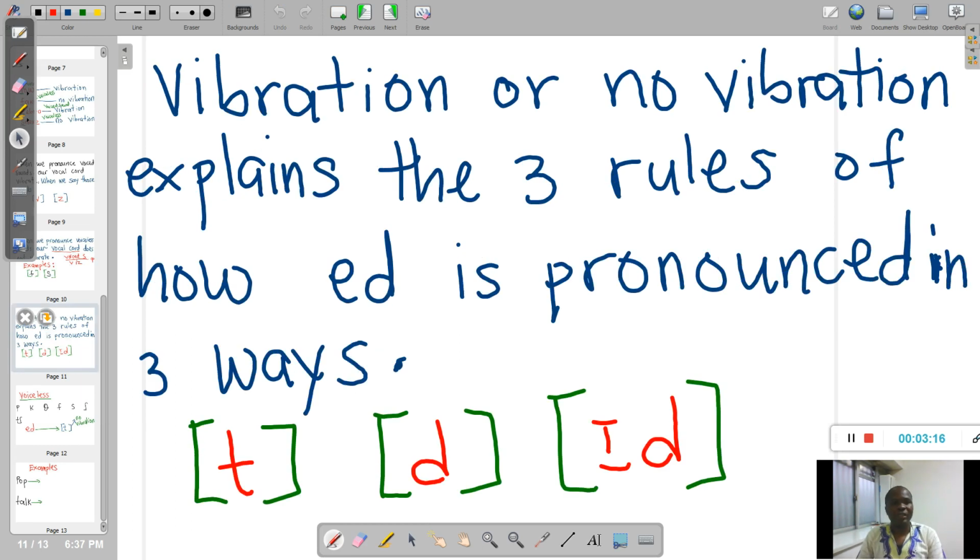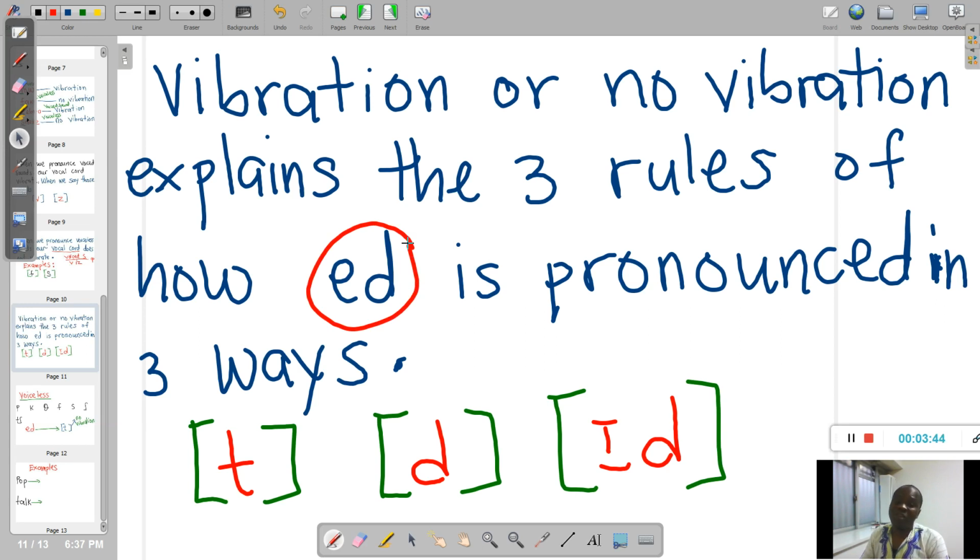Let's move on. Now we are looking at why this rule comes about, why we actually got the three rules. Vibration or no vibration explains how the ed verbs are pronounced in three ways.